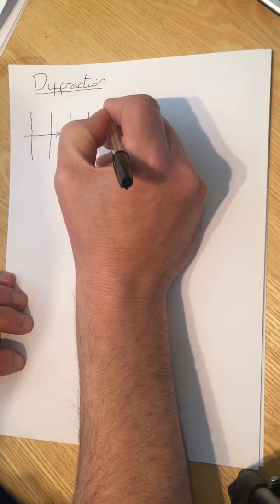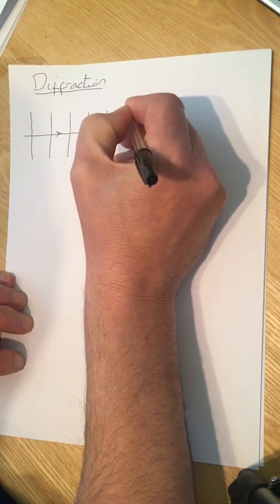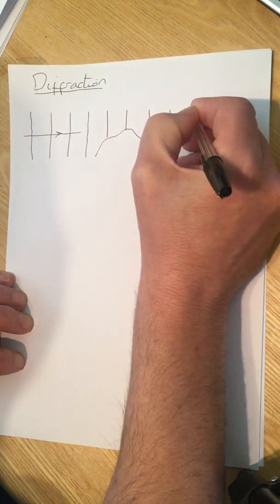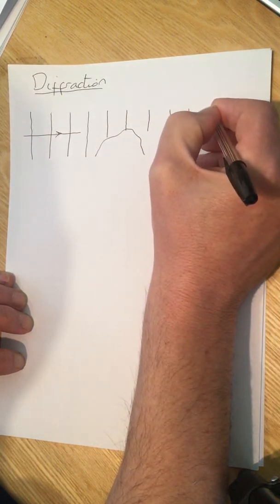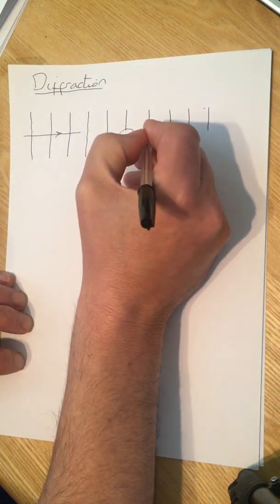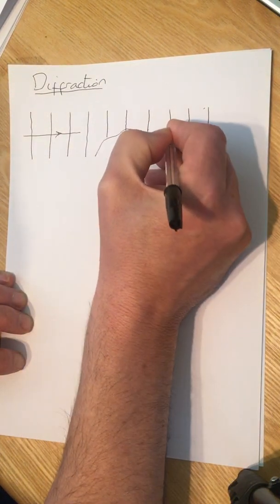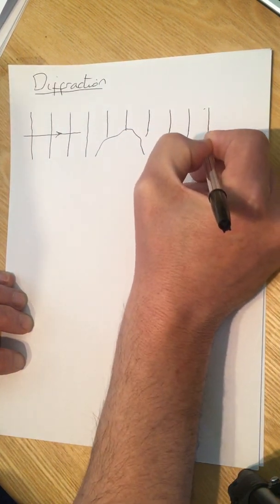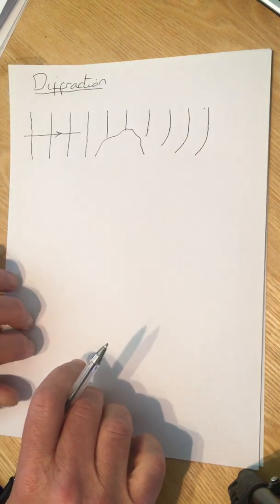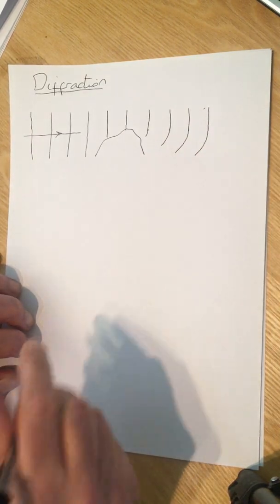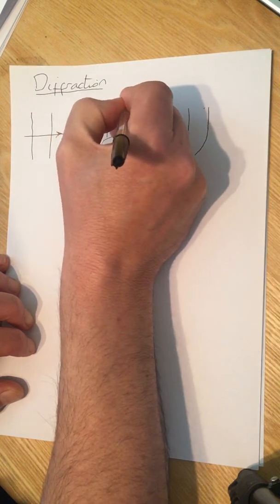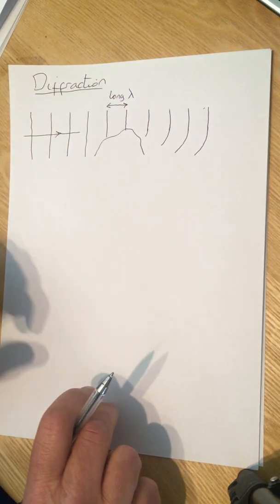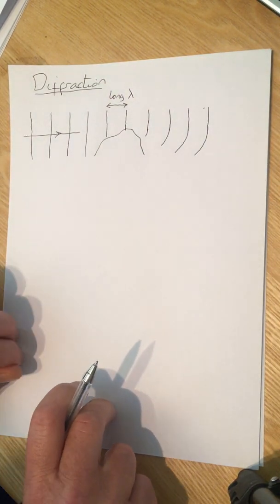Now the wave will continue unaffected when there is no obstruction, but it will bend around the obstruction. Again, not the best diagram, but it's not too bad. Now, long wavelengths, as this is supposed to be drawn, long lambda, will diffract well. Short wavelengths will diffract not so well.